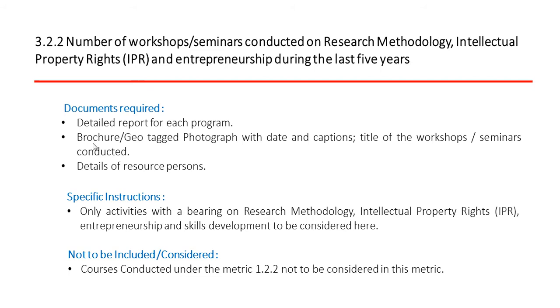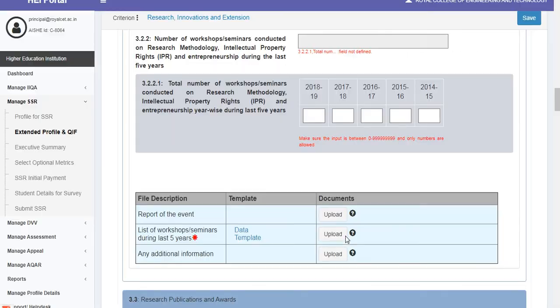Then you have specific instructions which says only activities with a bearing on research methodology, intellectual property rights, entrepreneurship and skills development are to be considered in this metric. What should not be included or will not be considered by DVV in this metric is the courses conducted under the metric 1.2.2 should not be considered in this metric.